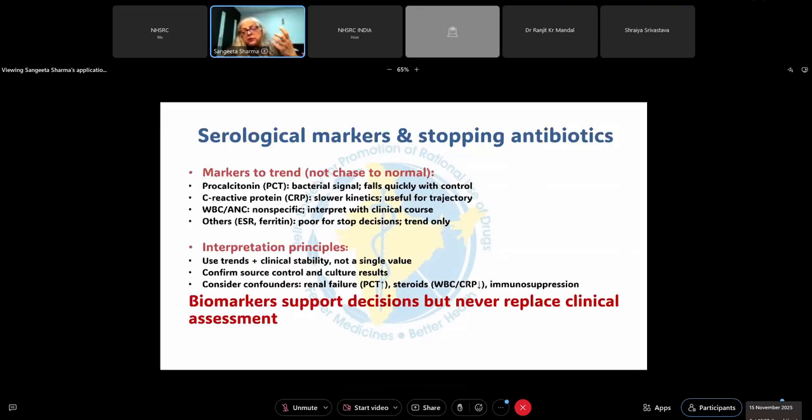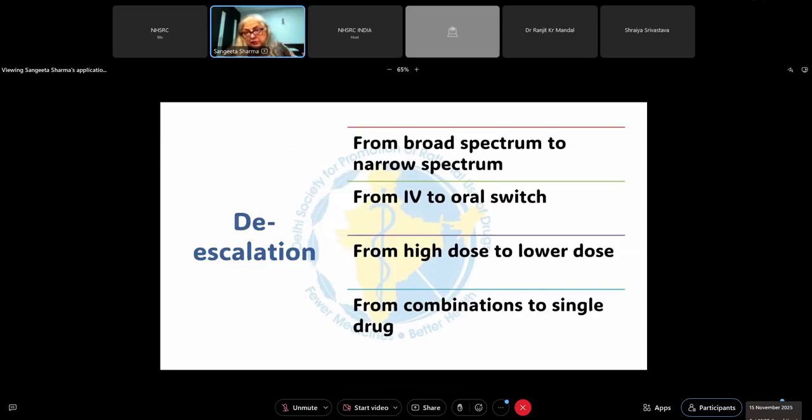And sometimes then the stopping decisions, duration, is also very important. Sometimes the antibiotics may be continued, and this will increase the potential for development of AMR. So if required, these should be given for the shortest duration. I can give you the example of pneumonia.